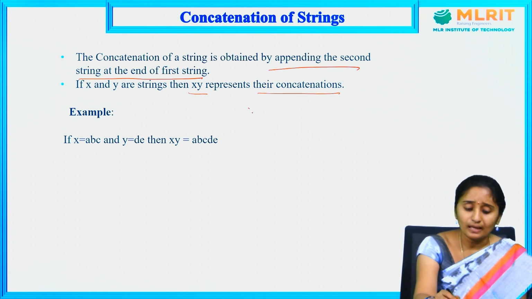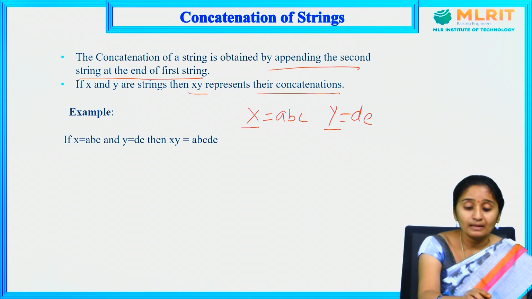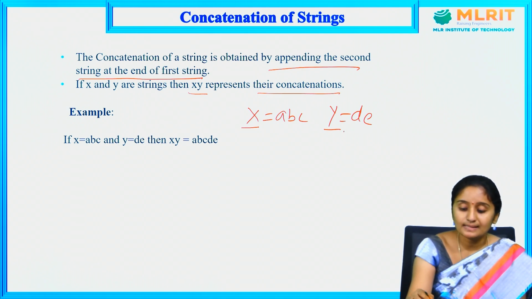For example, if I have X equal to ABC and Y equal to DE, X is one string and Y is the second string. Concatenation is appending the second string at the end of the first string.